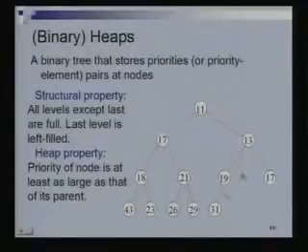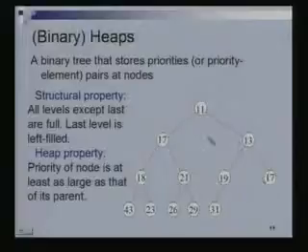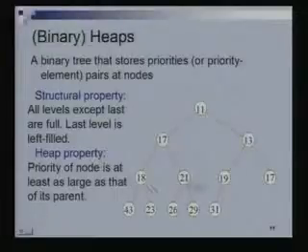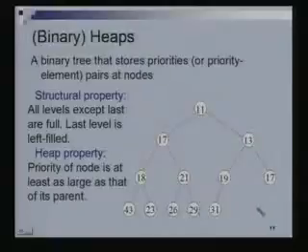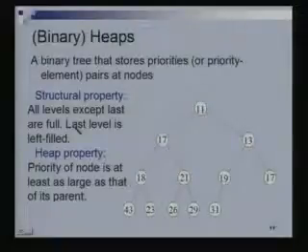In this binary tree all levels are full. So this is level 0. It can have only one node, it has one node. Level 1 can have two nodes, it has two nodes. Level 2 can have 4 nodes, it has 4 nodes. Level 3 can have 8 nodes, it has only 5 nodes. So all levels except the last level are full.